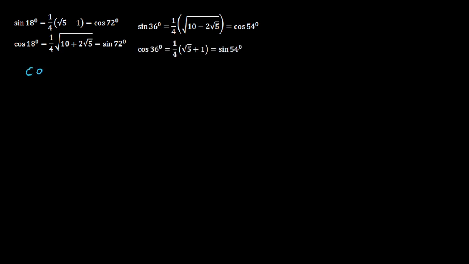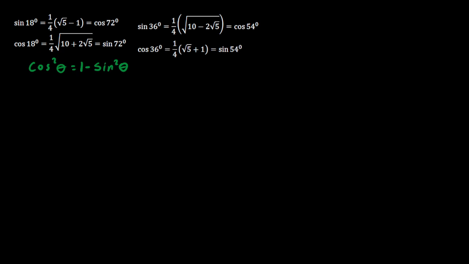So cos 18, all right? We know that we're going to use a simple formula to solve this, which is cos squared theta equals 1 minus sine squared theta. So we know that this is true, so we can just say theta equals 18.